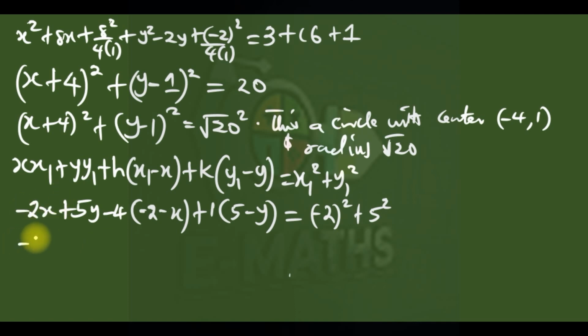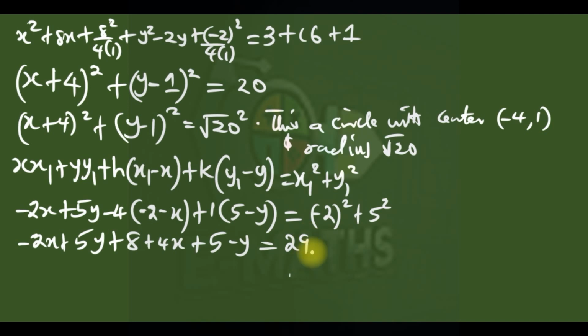So we continue. We have minus 2x plus 5y plus 8 plus 4x plus 5 minus y equals 4 plus 25, which is 29. So we'll collect like terms. Minus 2x plus 4x is 2x, plus 5y minus y is plus 4y, and we'll have 8 plus 5, which is 13. 29 minus 13 is 16.